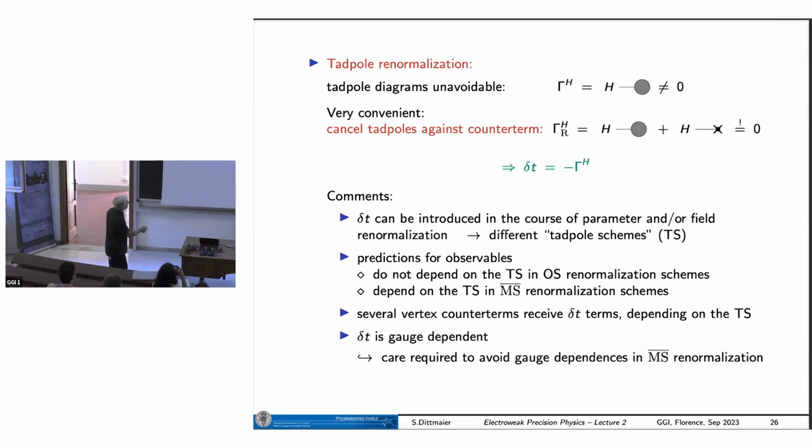So I told you that if I blindly calculate, for example, loops with one external line for the Higgs boson, I don't get 0. And this means that if I calculate a propagator from these 2-point vertex functions, I have these kinds of reducible diagrams again.